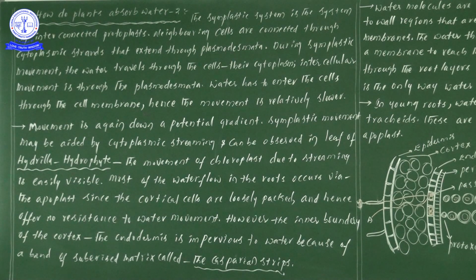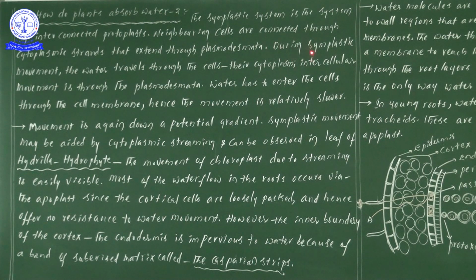So water molecules are transported from one cell to another, between the cells, through the plasmodesmata. That is the point we are understanding.